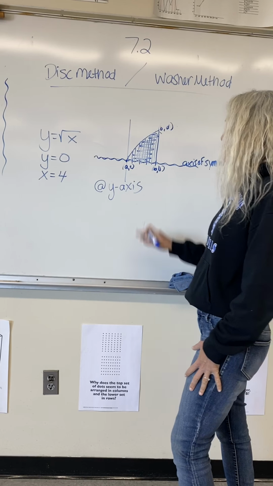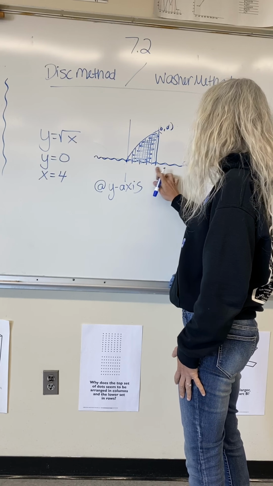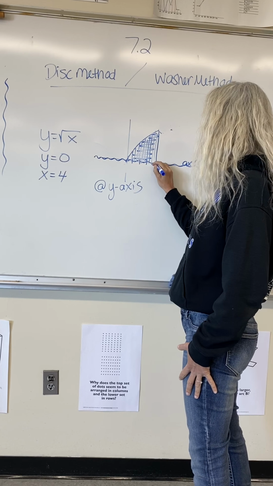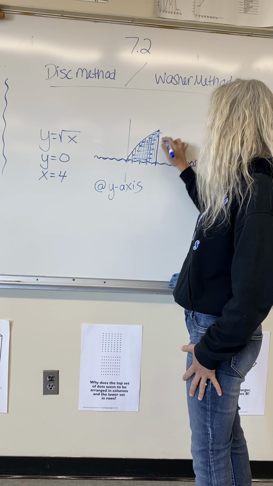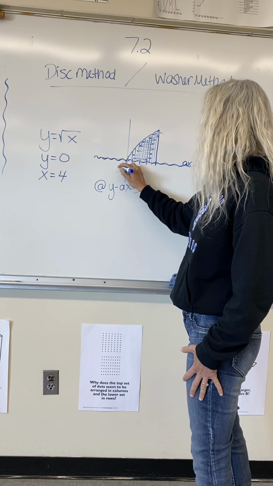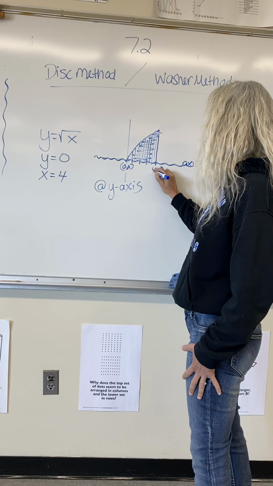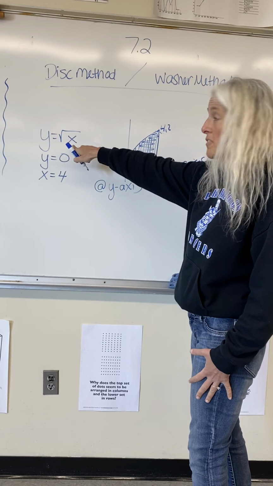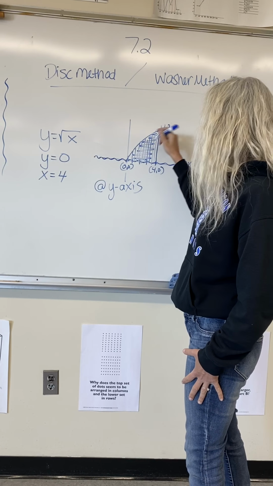Instead of a's and b's, I want to write down my actual values for this problem. My important vertices are 0, 0, 4, 0, and 4, 2. Since my function was a square root function, the square root of 4 is 2.